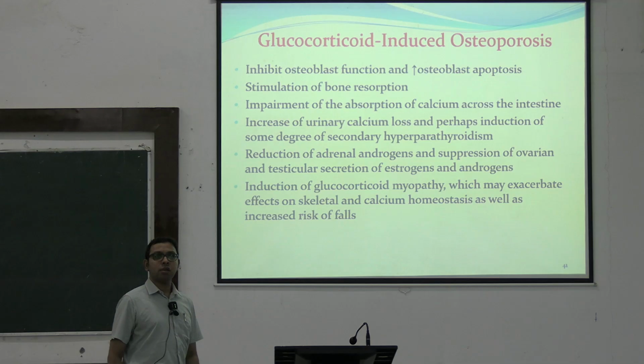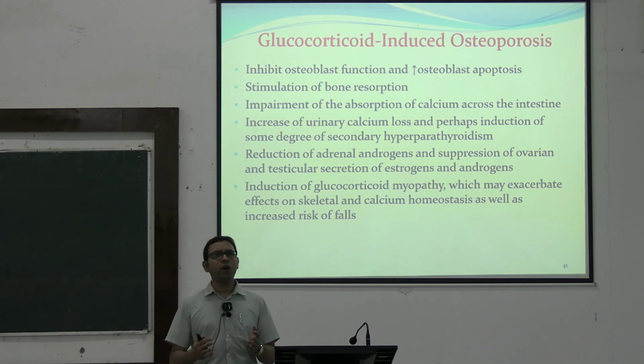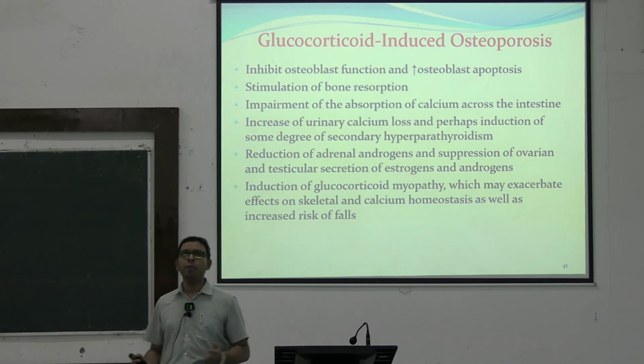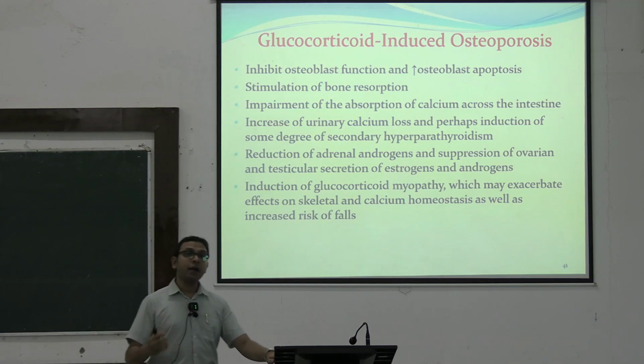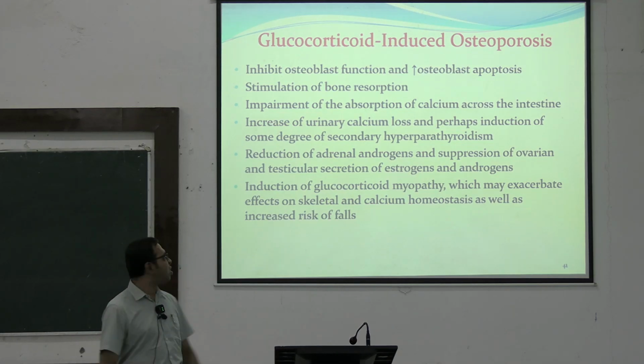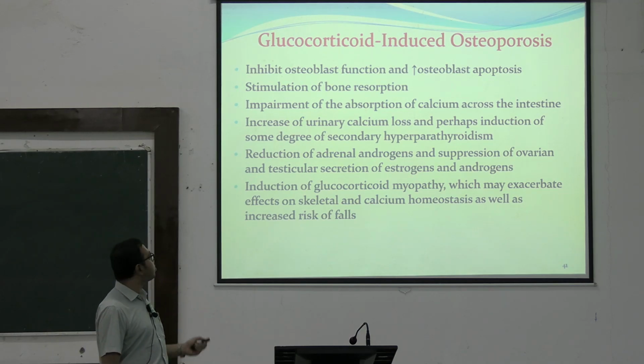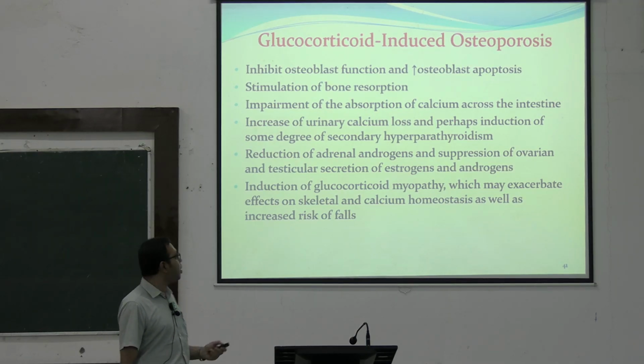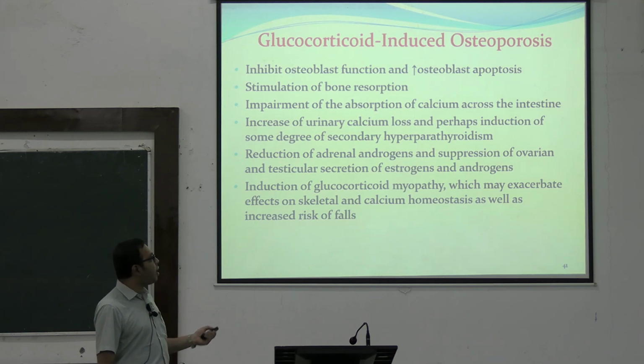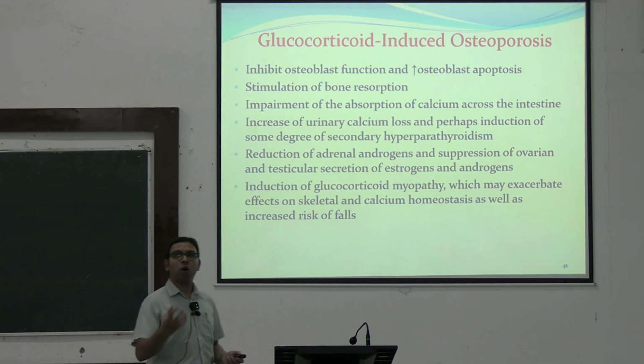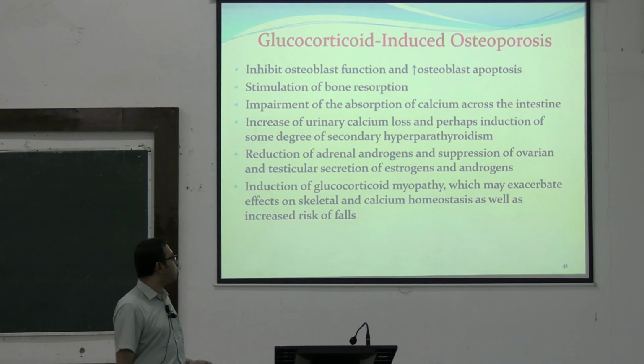Glucocorticoid-induced osteoporosis. Time and again I am saying that glucocorticoids are most commonly used for a long period of time in different diseases and that can also lead to severe osteoporosis. Because it inhibits osteoblast function and increases osteoblast apoptosis, it stimulates bone resorption, impairs the absorption of calcium across the intestine, increases urinary calcium loss, induces some degree of secondary hyperparathyroidism, and reduces adrenal androgens, because androgens are also needed for good bone growth.